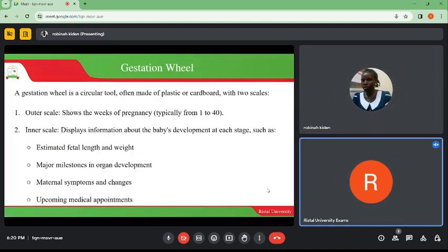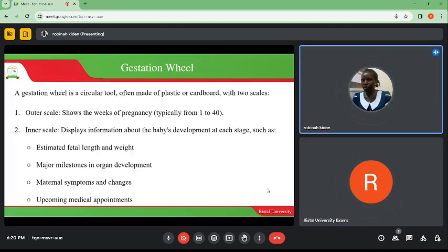For instance, estimated fetal length and weight, major milestones in organ development, maternal symptoms, and upcoming medical appointments. All this is included in the inner scale, and it is very, very helpful for the mother.